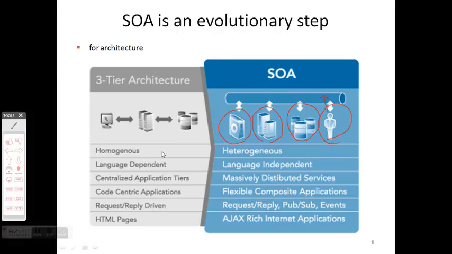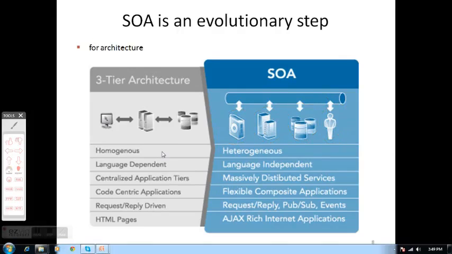Instead, every piece of this architecture is connected to something called the enterprise service bus, which enables different areas of the organization that need different business processes to take advantage of every different service throughout the organization to build their own new complex services.